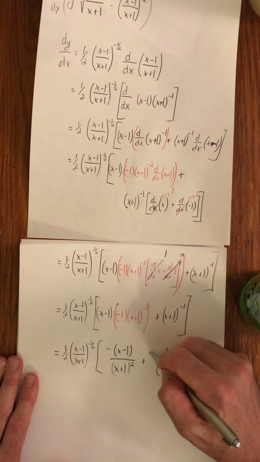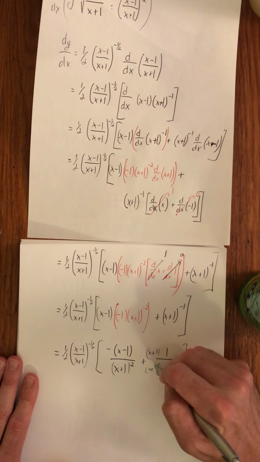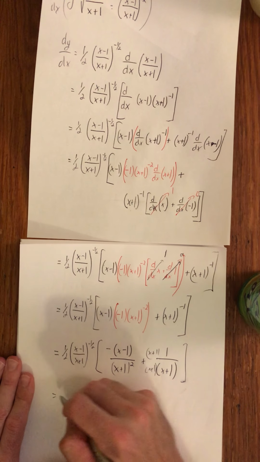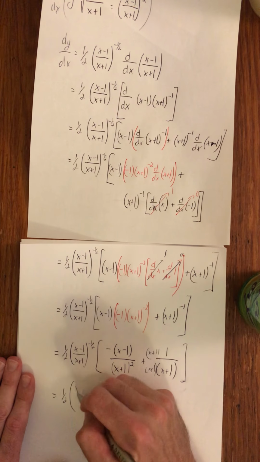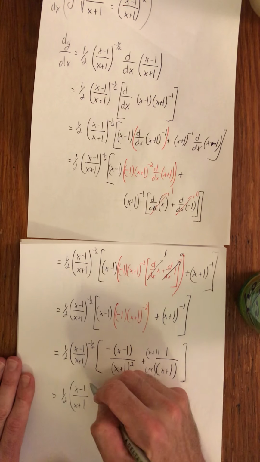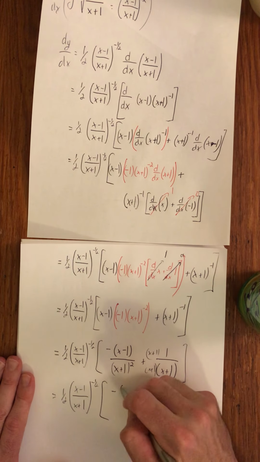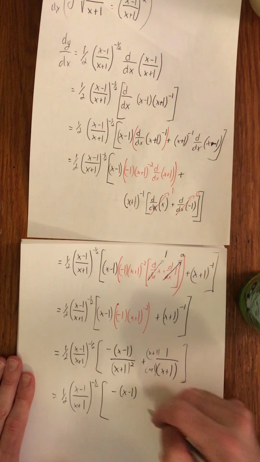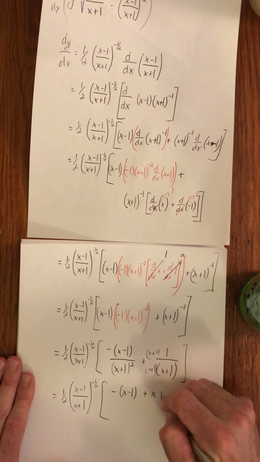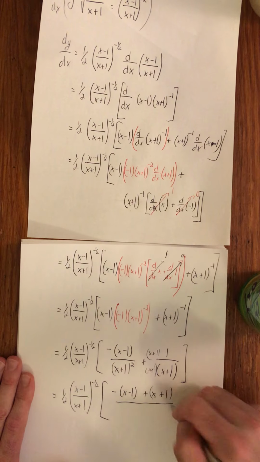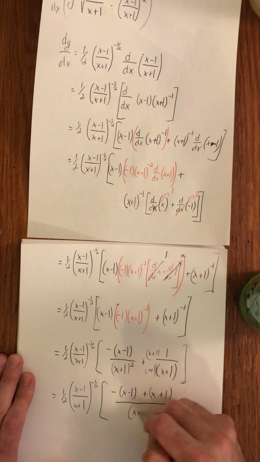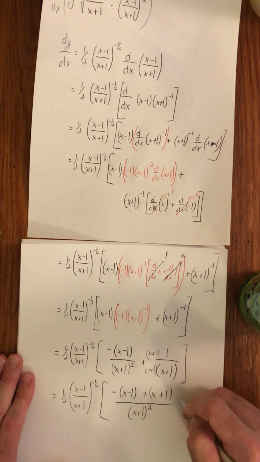So I've got to do an x plus 1 on top and bottom. So I've got 1/2 (x minus 1 over x plus 1) to the negative 1/2, and then I've got negative (x minus 1 plus x plus 1) all over (x plus 1) quantity squared.